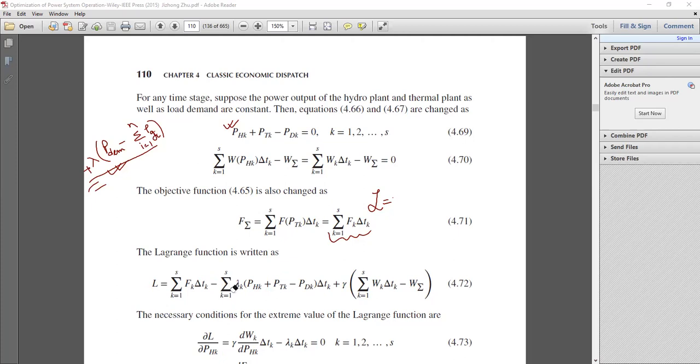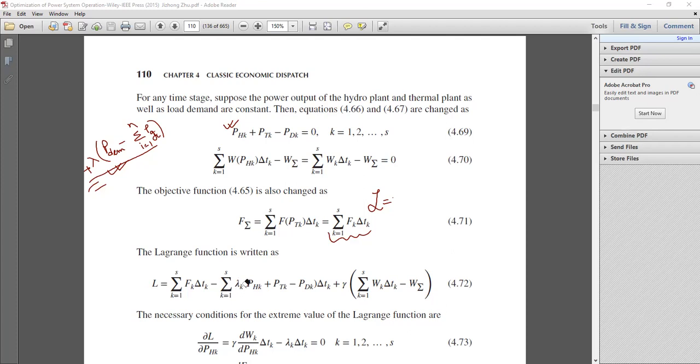So now you have the discretized form. So for each instance, you have to satisfy PHK plus PTK minus PDK. You have to get the balance between all these three. So your lambda will be now time dependent. Okay, so the incremental rate, or the lambda, the Lagrange multiplier, will no more be a constant, rather it will be a function of a time instance.